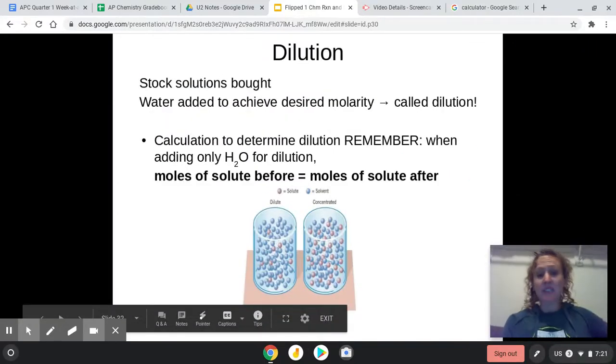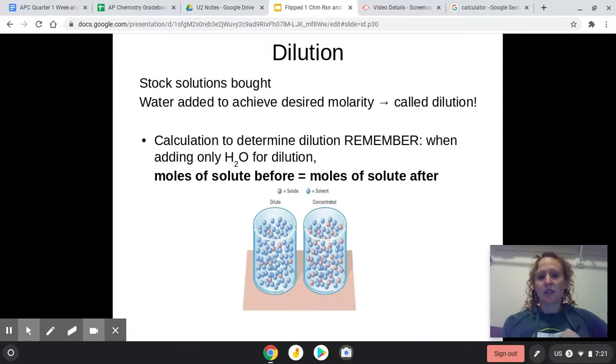Okay, so our last concept in this whole idea of being able to describe the concentration of a solution has to do with a very specific alteration of the concentration.